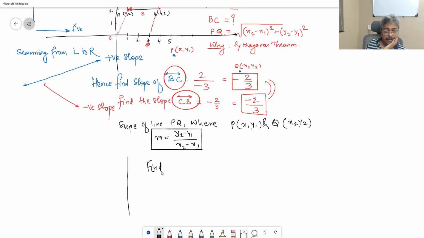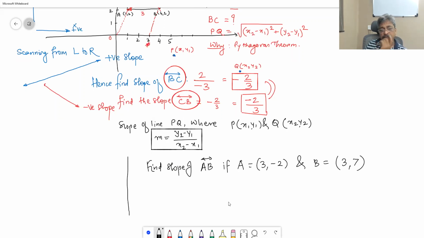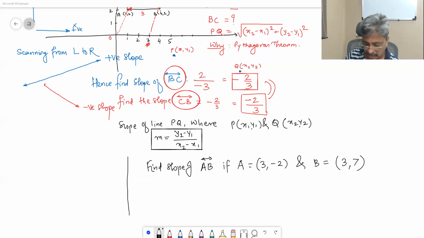Find the slope of AB if A is (3, -2) and B is (3, 7).